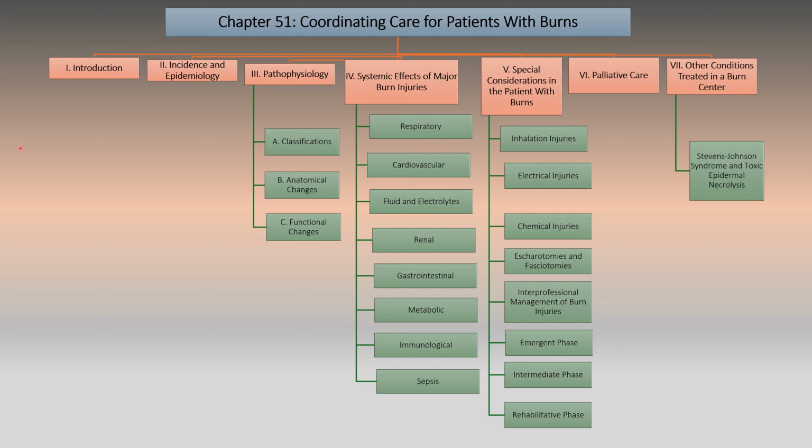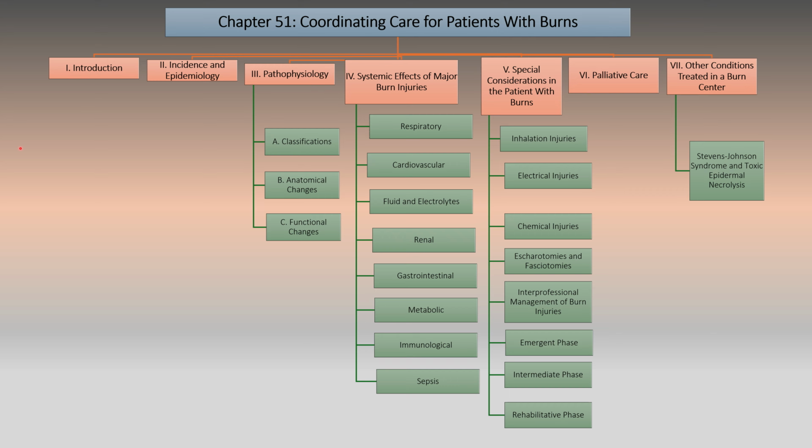So they have allograft, autograft, burn shock, contracture, escharotomy, full thickness burn, Lund and Browder, myoglobinuria, rule of nines, total body surface area, which is TBSA, xenograft, and zones of burn injury, which are coagulation, hyperemia, and stasis.